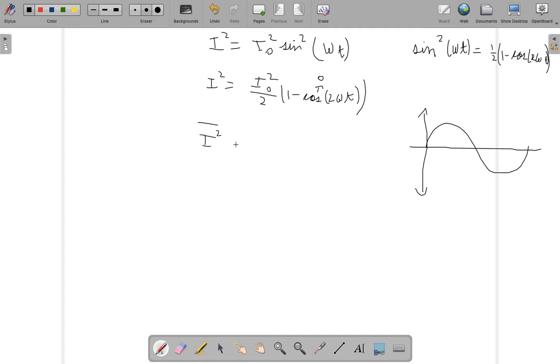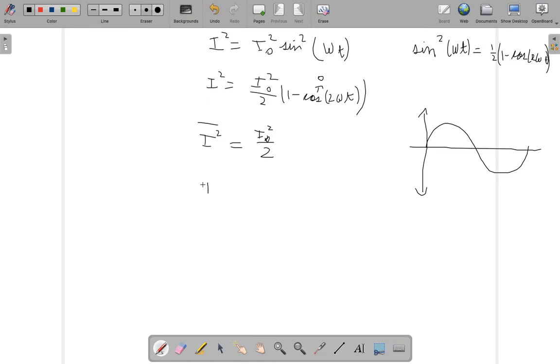I squared average equals I0 squared over 2, because that averages out to 0. Initial current is a constant, so you can't really have an average of it, and 2 is also a constant.